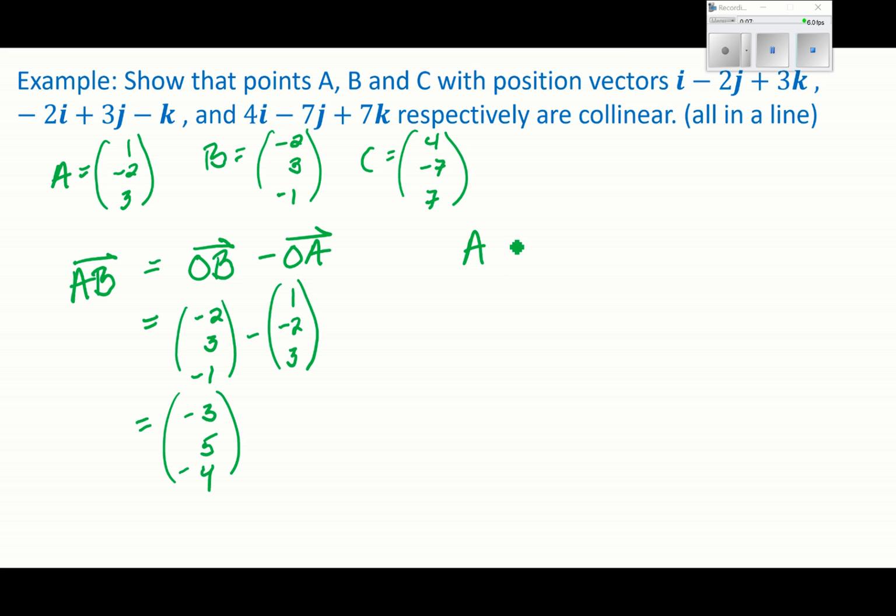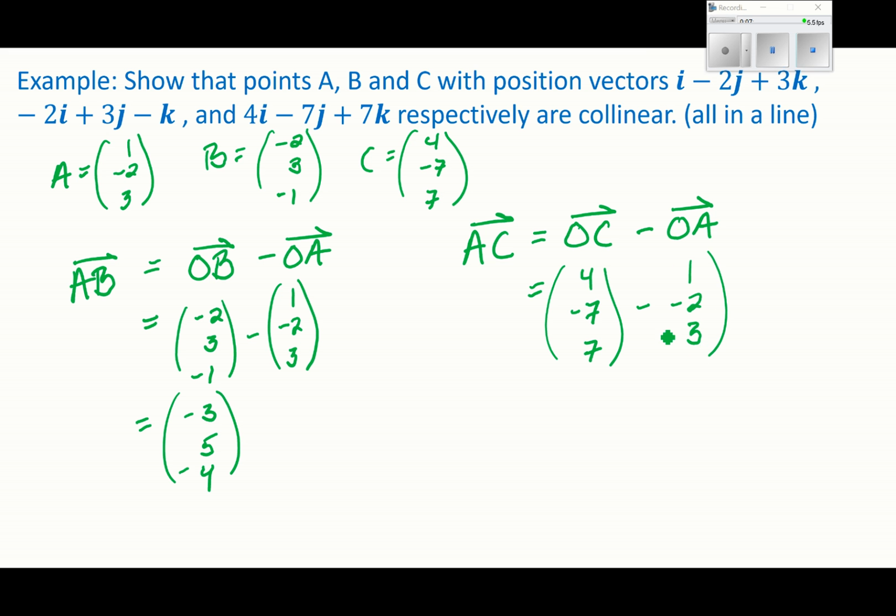Well, let's also look at what AC is. AC will be OC minus OA. OC, the position vector, is (4, -7, 7), subtracting (1, -2, 3).